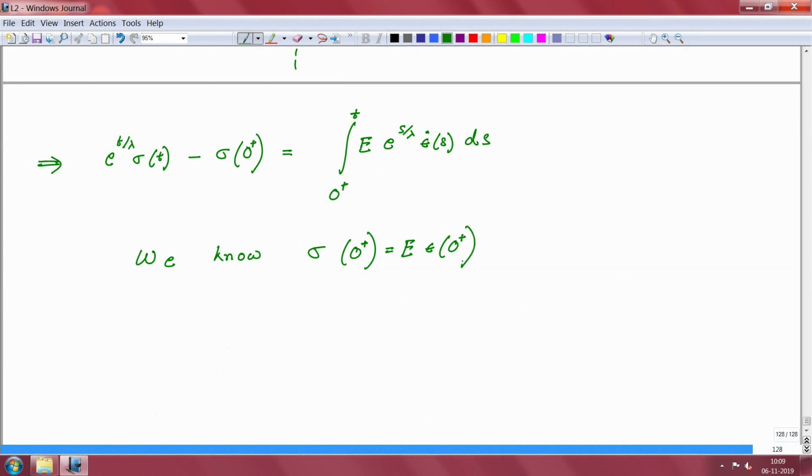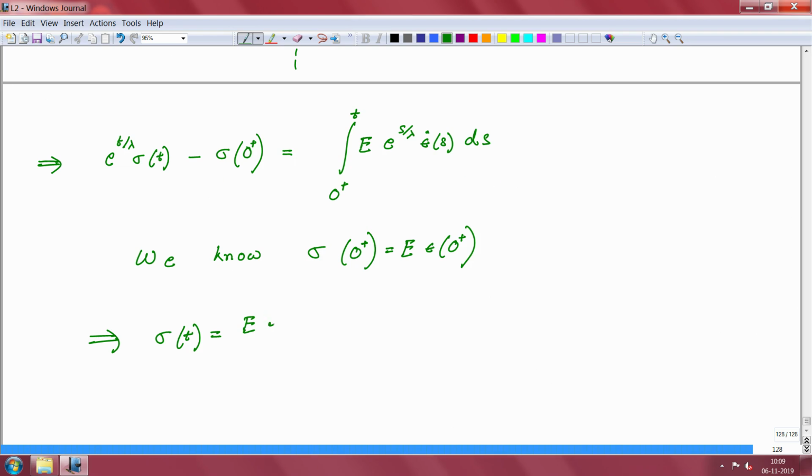So, if you introduce this back into this previous equation, you will end up with the stress at the current time, and I am only having that on the left hand side. I am going to move this back to the right hand side.